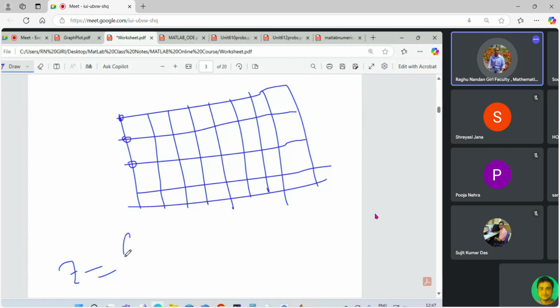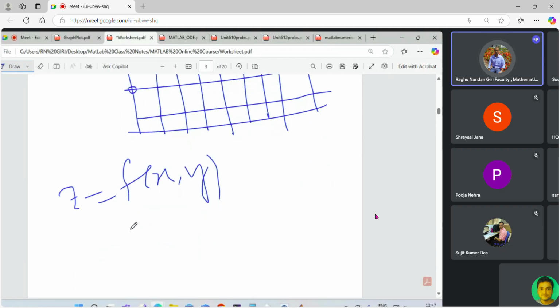Suppose the function is z equal to f of x, y. So for each point, if there is an x value and a y value, we have to find the z value.